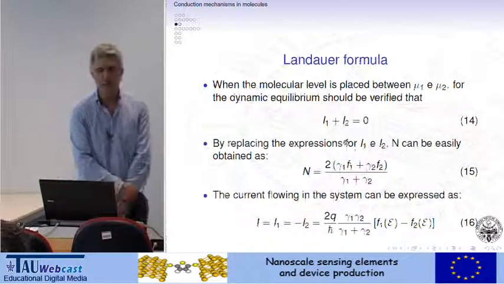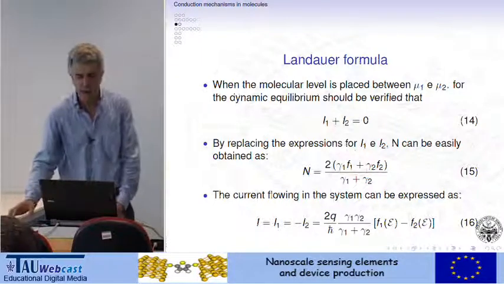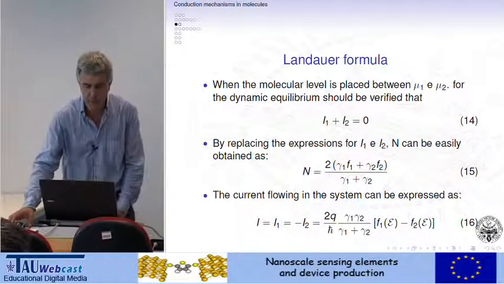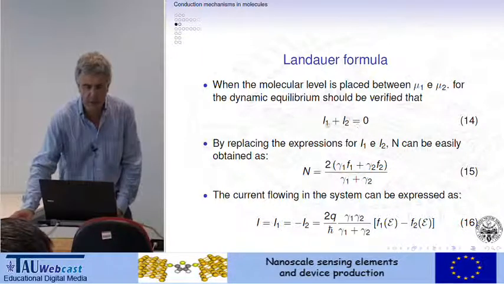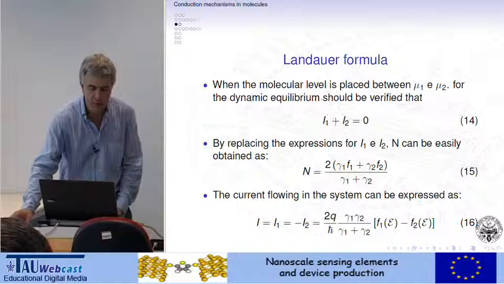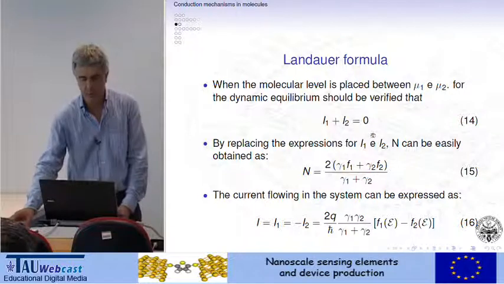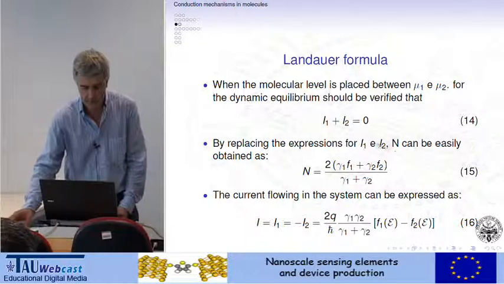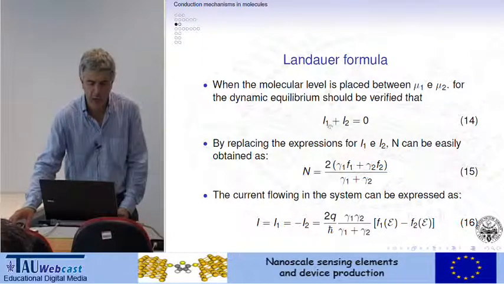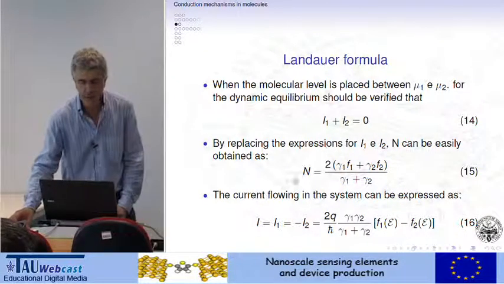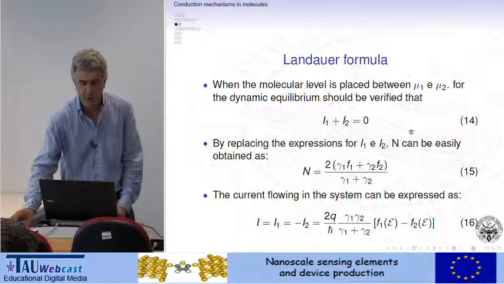So what we can do is to write an equation where the sum of the currents, if you remember as we wrote currents, we can say that the device is a node from the electrical point of view, so I1 plus I2 should be equal to 0. From this equation, by using the expression for I1 and I2, we can do a very simple system, and we can obtain an expression for n.